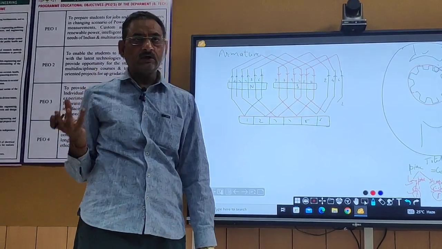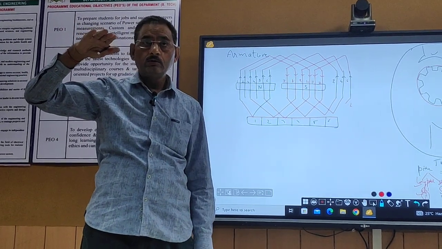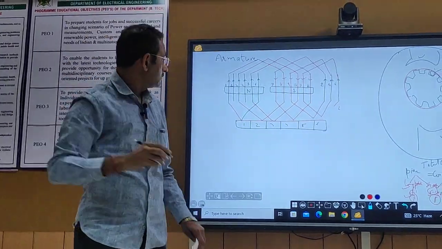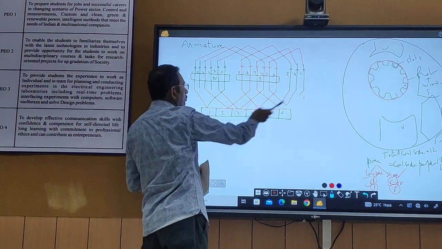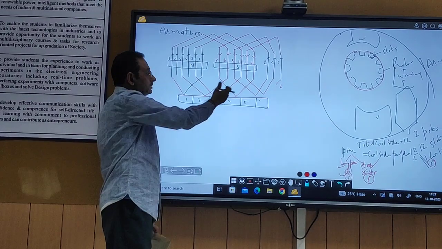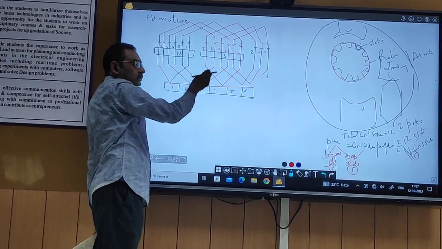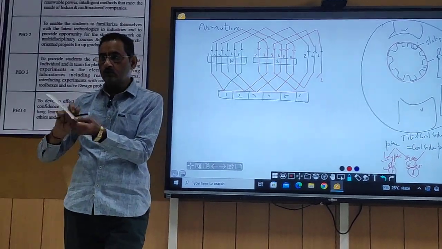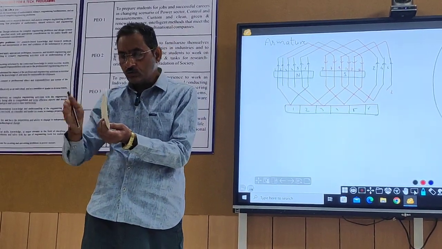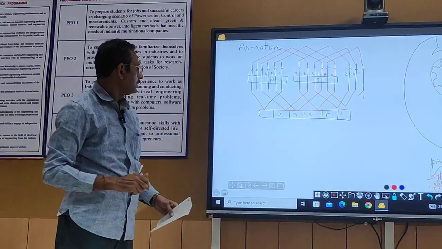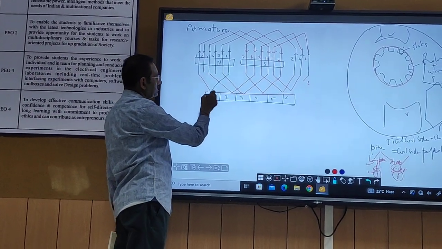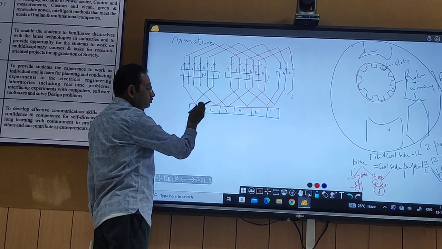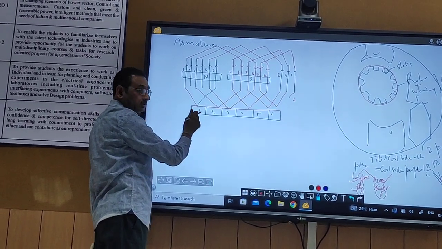The north pole and south pole are fixed, but this winding and armature on the rotor are rotating. Like in this, there was one coil, and the coil rotates like this. Not only one coil, there are many coils with it, all rotating like this, and when they are rotating, this is connected to the commutator segment. This is the insulator. Each commutator segment is insulated by some insulation.